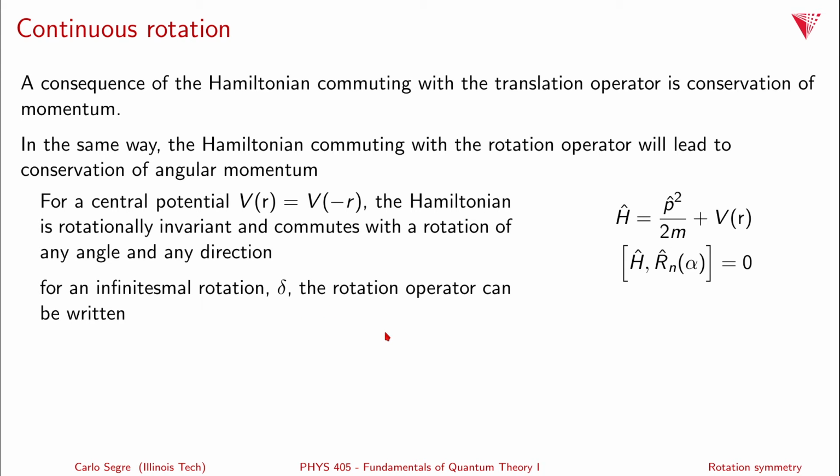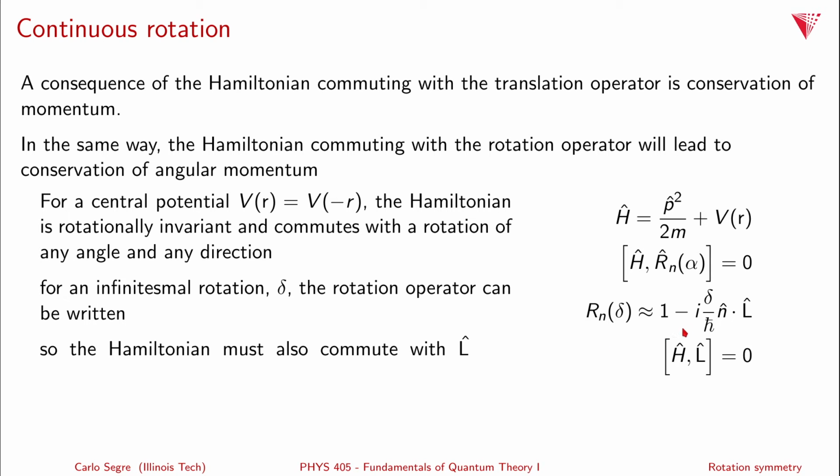So we keep only terms to first order in delta, and we get that R sub n of delta is equal to 1 minus i delta over h bar n dot L. So you pick out the angular momentum component along the axis of rotation. So the Hamiltonian, therefore, must also commute with L. That is, H and L commutator is equal to 0.